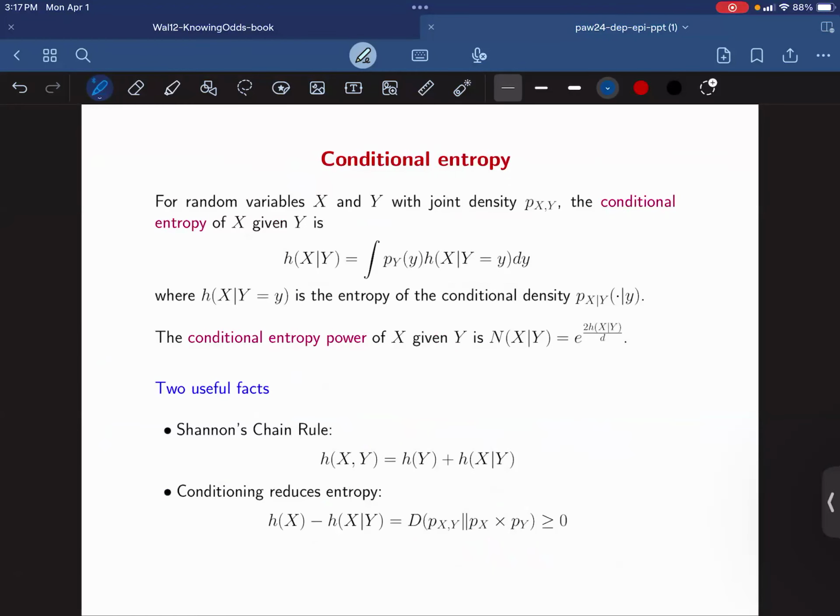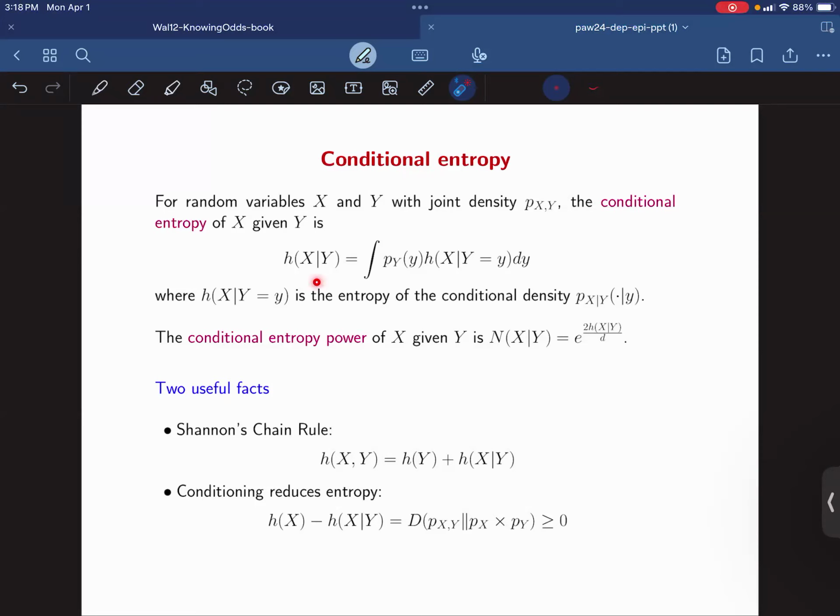Okay, so in order to do that, I need to explain what conditional entropy is. So if we have random variables x and y with joint density p sub xy, then the conditional entropy of x given y is this average of the entropies of the conditional densities. This is a standard thing to do in information theory.